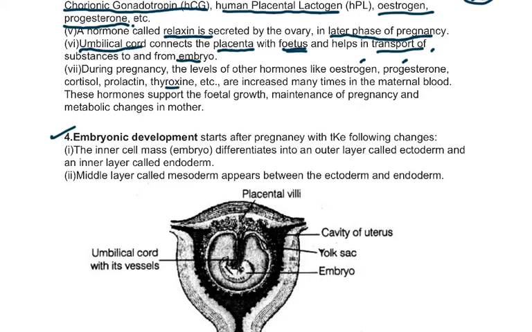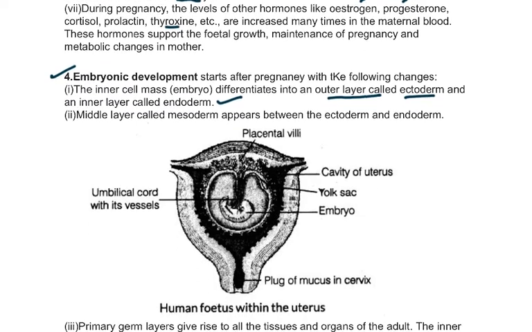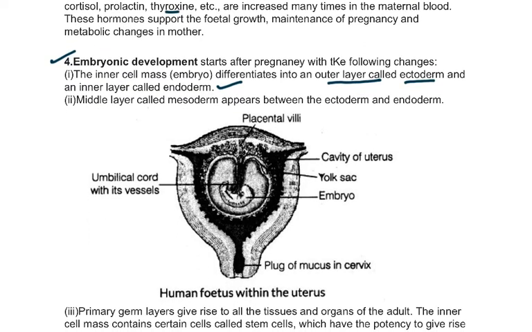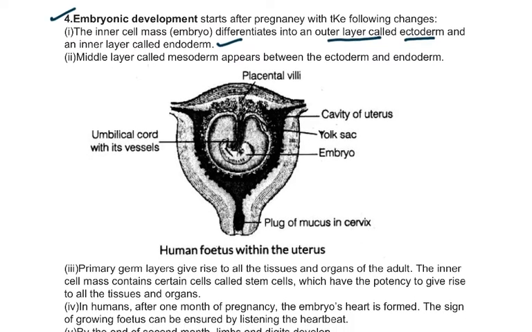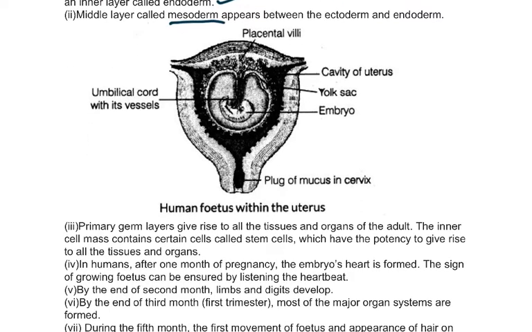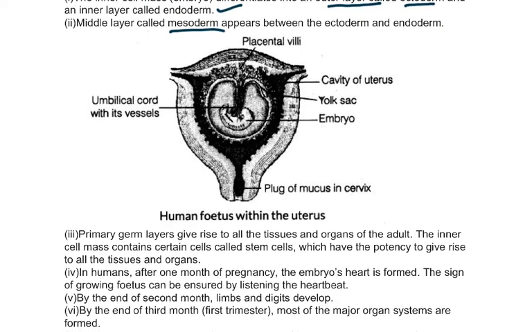The inner cell mass, inner to the trophoblast, differentiates into an outer layer called the ectoderm, and an inner layer known as the endoderm. These are the first two germ layers which are formed. Followed by this, a third layer is formed, called the mesoderm, which is formed in between the two layers, the ectoderm and endoderm.